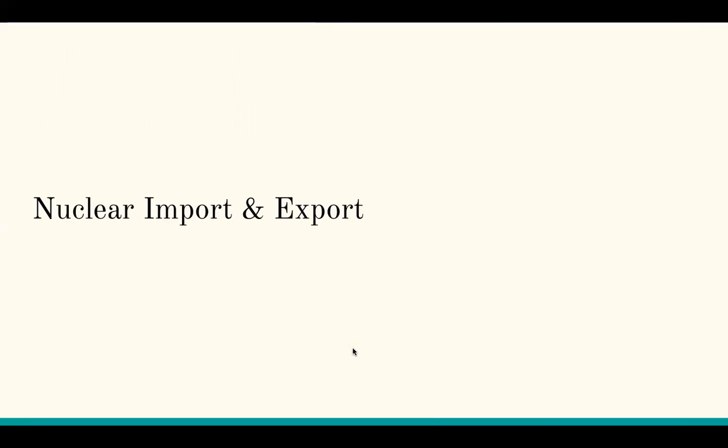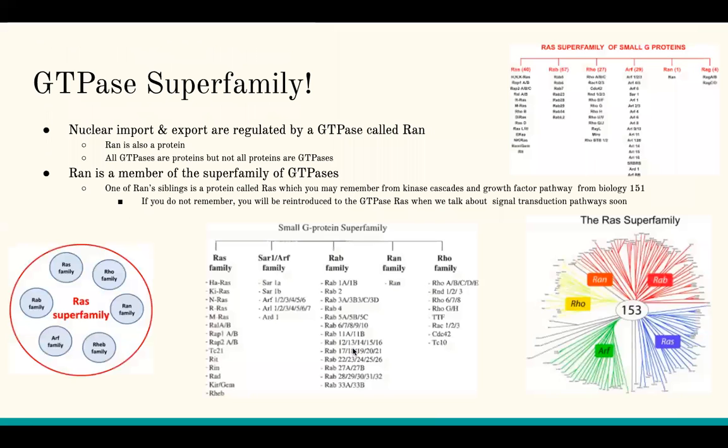Yeah. So now we have our nuclear import and export. She loves to talk about nuclear import and export. I know we talked about it a little bit in class today, but basically you have this GTPase superfamily, and the example we used in class is RAN, which is a part of the RAS family of GTPases.